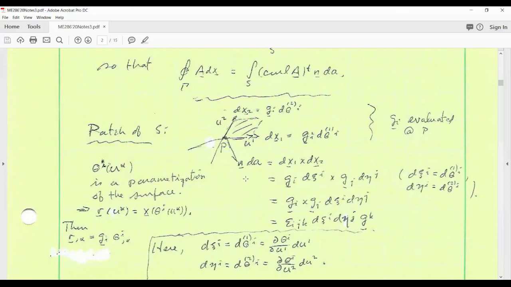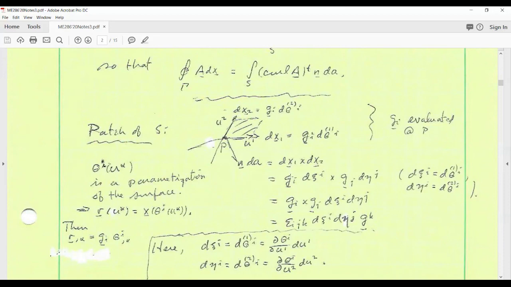I'll define what these mean in a moment, the d1 theta and d2 theta. The normal then, so these are tangential to our coordinate curves on the surface. The oriented normal is just the cross product. So the cross product of these 2 vectors gives you both the orientation n and the area enclosed by this parallelogram tangential to the surface.